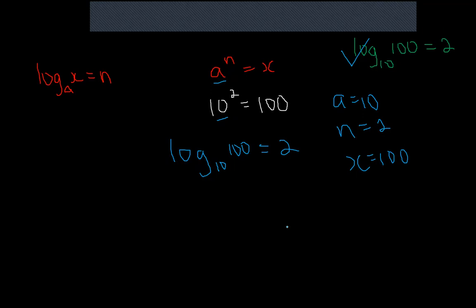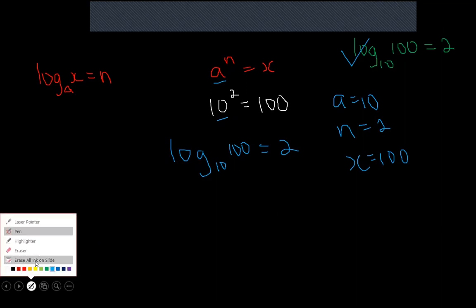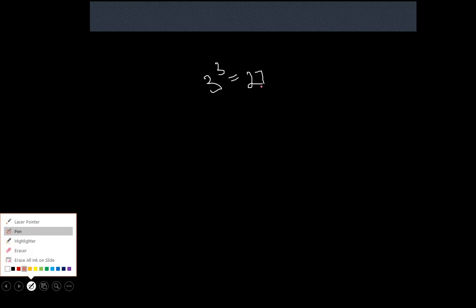Any problems with this? No? Okay. Next one then. They gave me 3 cubed, and they said that this is equal to 27. We already know that 3 cubed is equal to 27. But this is the exponential form, and they want me to write it in the log form.